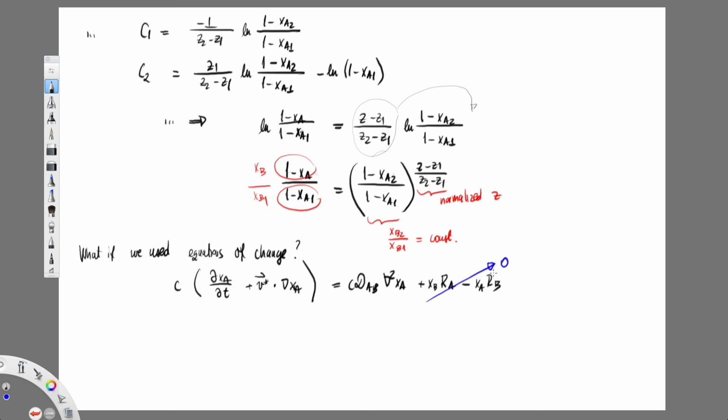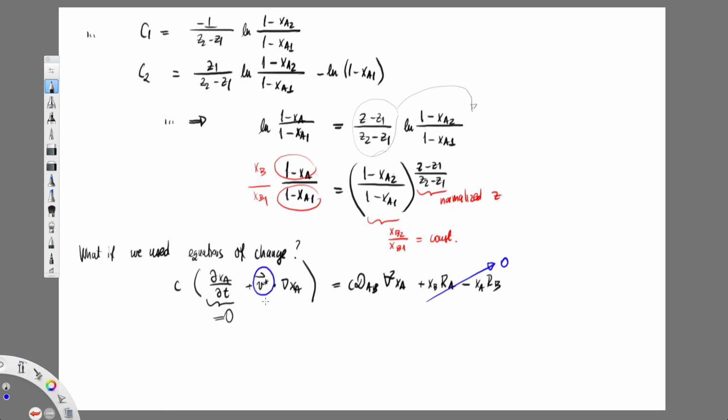So this is almost in the form I needed. So I have boundary conditions in terms of XA, right? And I want to solve in terms of XA. The only thing that is bothering me here that I have to sort of express is this part here, right? So this is not in terms of XA yet. And I have steady state, so this is going to be 0.